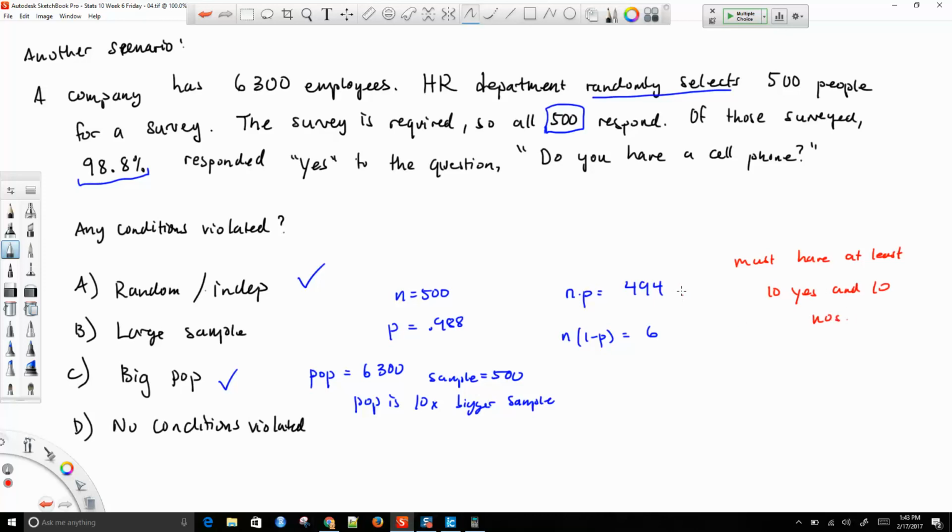Okay? So we have 494 yeses, but we only have 6 nos. So technically, this condition has been violated, and we cannot use the central limit theorem for our analysis. Okay. So we cannot use the normal distribution.